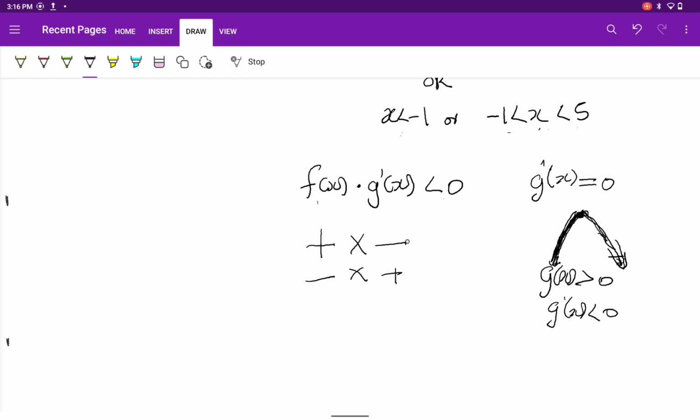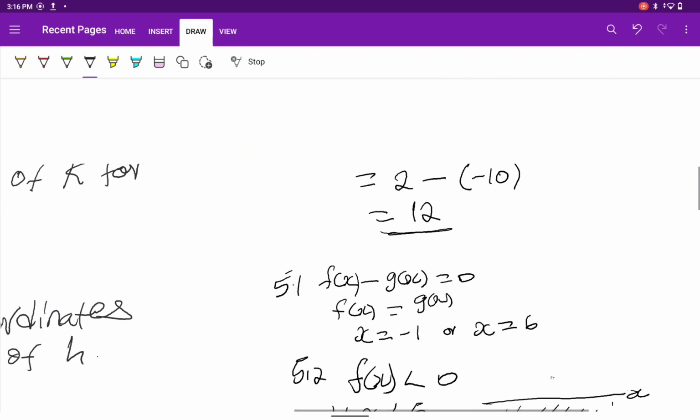But if it's negative like this, it's saying where the graph is decreasing. So this is the first condition of positive times negative. This one is positive, it's above the x-axis, and this one is negative, it means it's decreasing. The f is above, the g is decreasing.